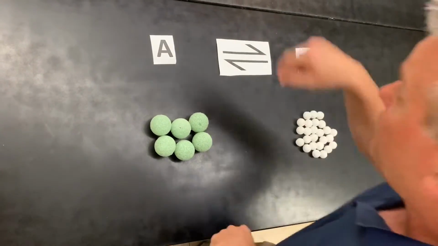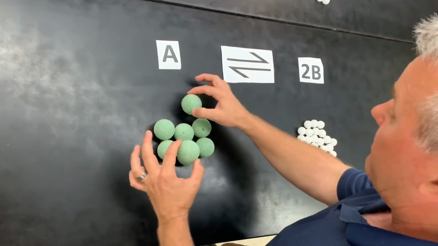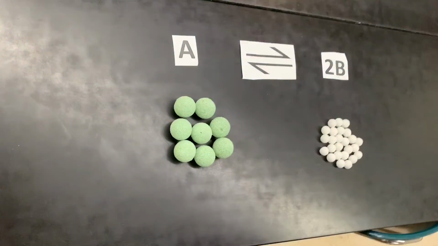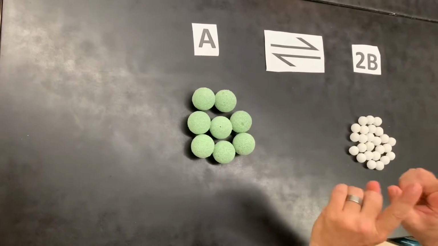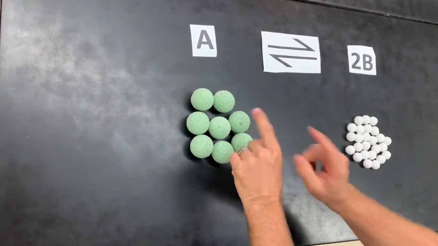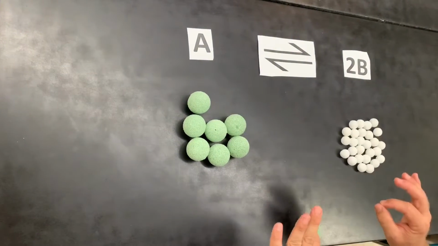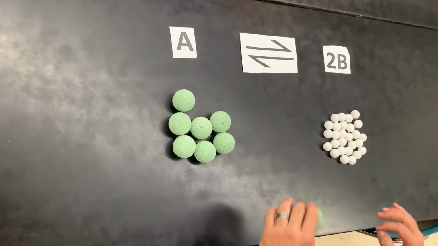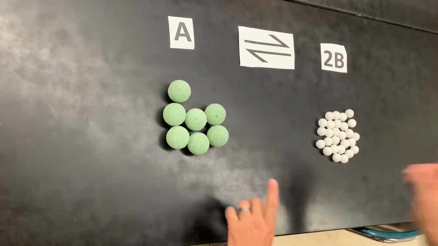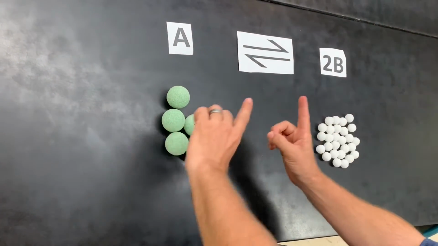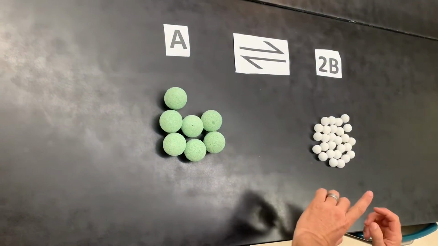Now, if you were to add some additional reactants, the reaction would move to offset this change by consuming some of them and creating some more products to reach equilibrium once again. So, by adding reactants, it would drive the reaction to the right, creating more products.